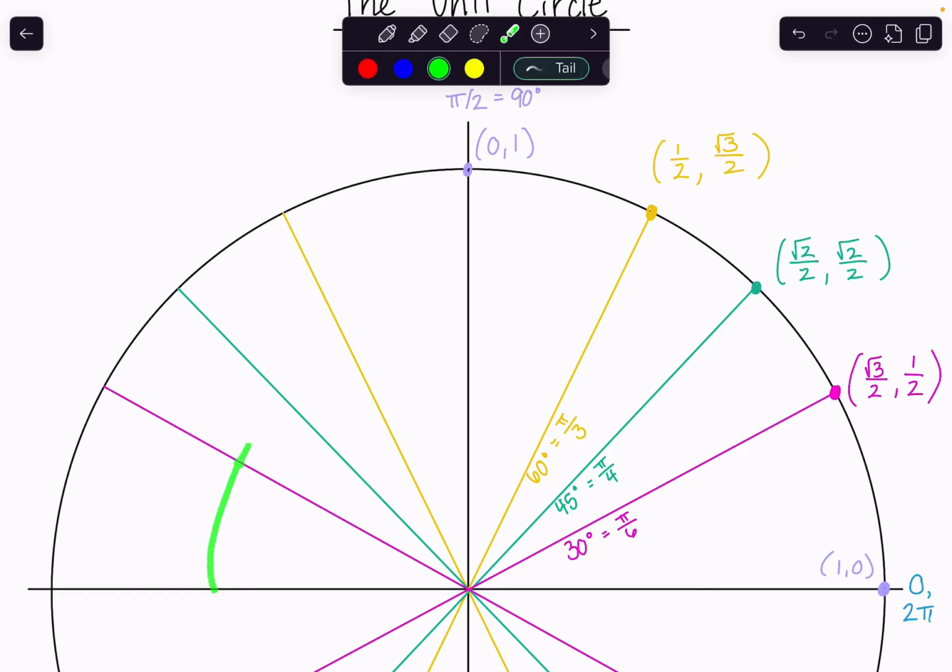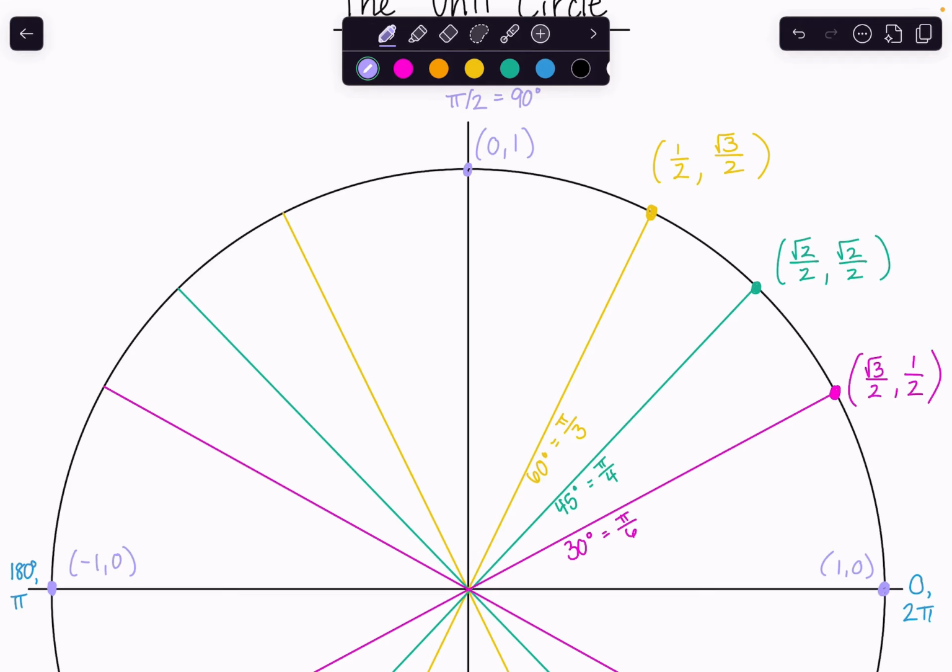Now I'm going to go ahead and fill in the second quadrant. This angle over here would be 180 degrees, which is the same thing as pi. So this particular point is -1, 0. So any angle that lands here is going to have your cosine be -1, your sine be 0.